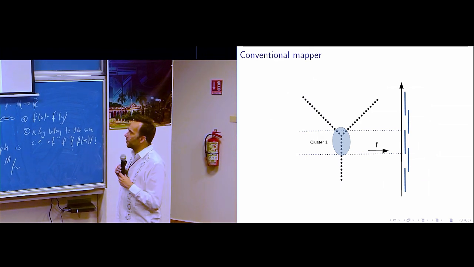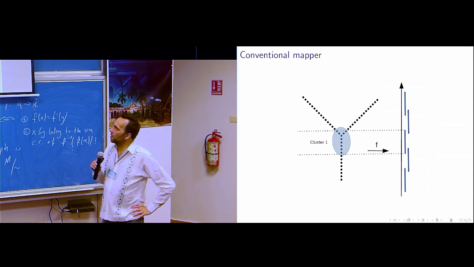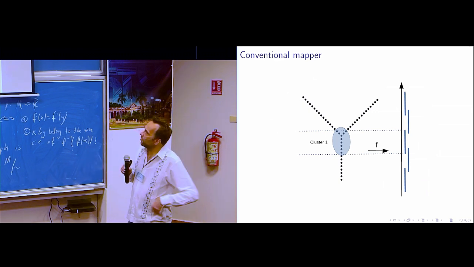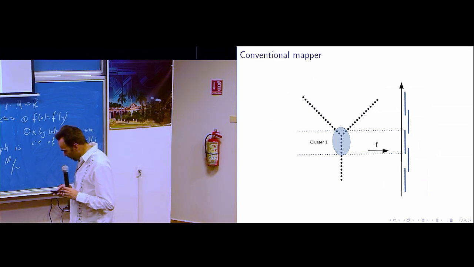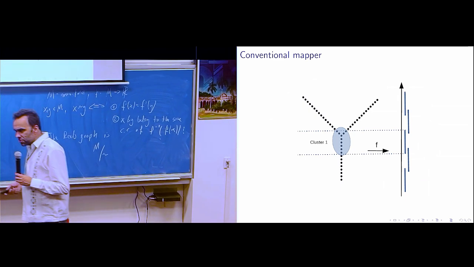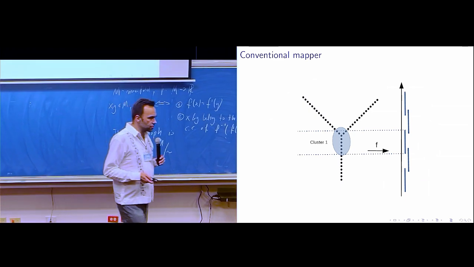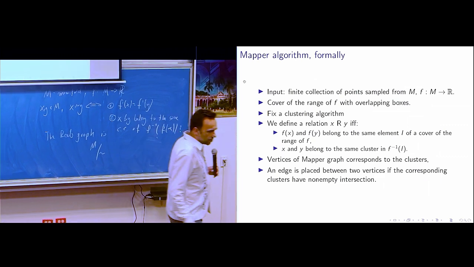If you want to know more, there's a very nice work of Steve Oudot and Mathieu Carrière on this. I can give you a reference later. So that's a standard mapper algorithm. We'll do some of the examples. I'm not sure if today, but definitely tomorrow.